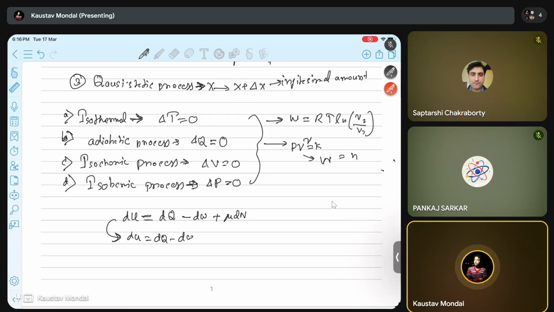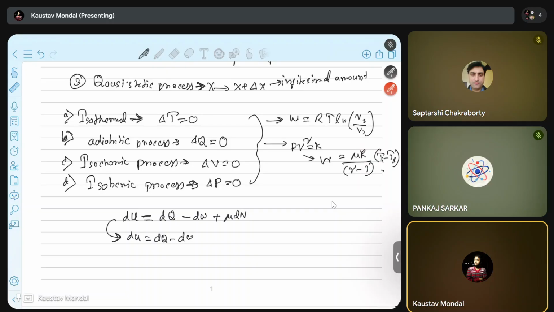mu R, where mu is the mole, divided by gamma minus 1, into the initial minus the final.